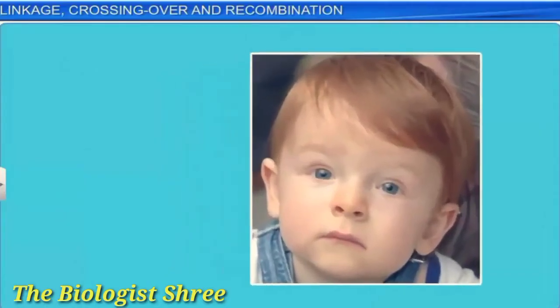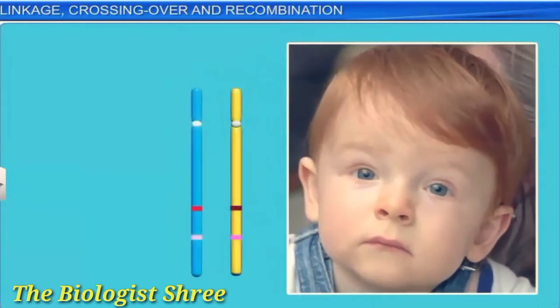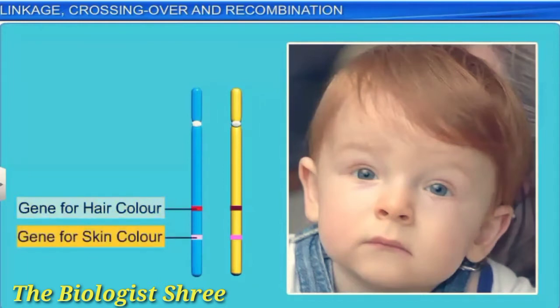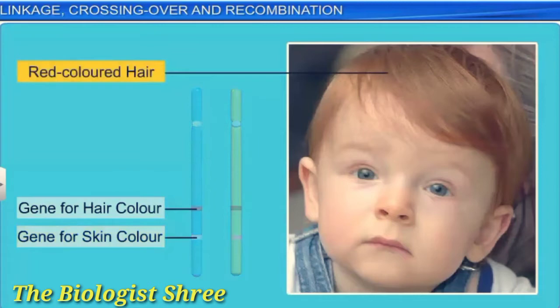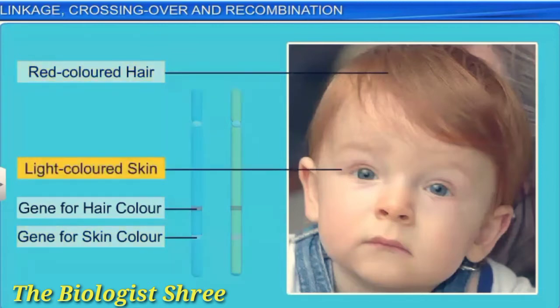For example, it is the linked genes that account for a phenomenon like red hair being strongly associated with light-colored skin in human beings.